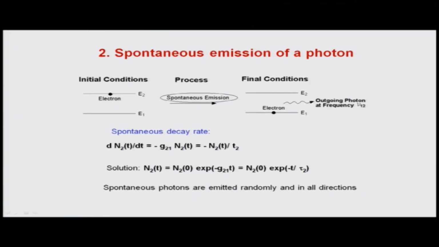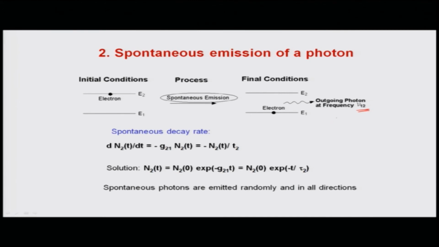Then it can have two different conditions, because now we have created an initial condition where my electron is in the excited state. So, it could be a spontaneous process where it just comes out, and the outgoing frequency is equivalent to the ingoing, because the energy gap is the same.